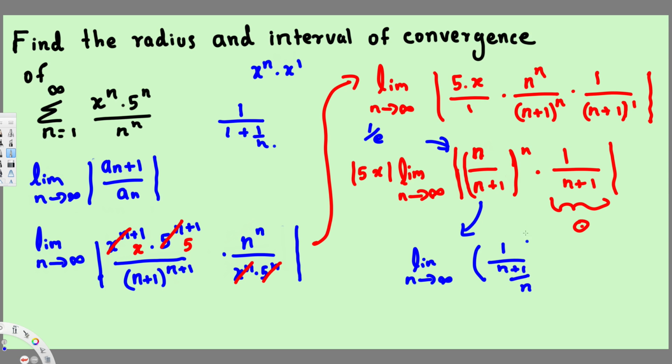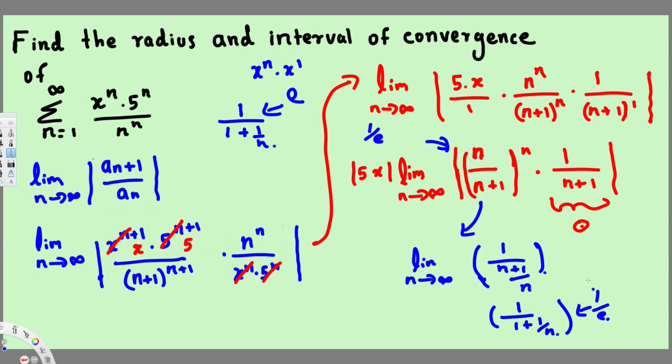So this is the same as this expression, and here you can see we will get 1 over 1 plus 1 over n, right? And that is the same as this one. This is e, and you can notice that this is 1 over e, right? Or you can use L'Hopital's rule. Since this is infinity over infinity, you can use L'Hopital's rule to derive this. So everything gives the same answer.